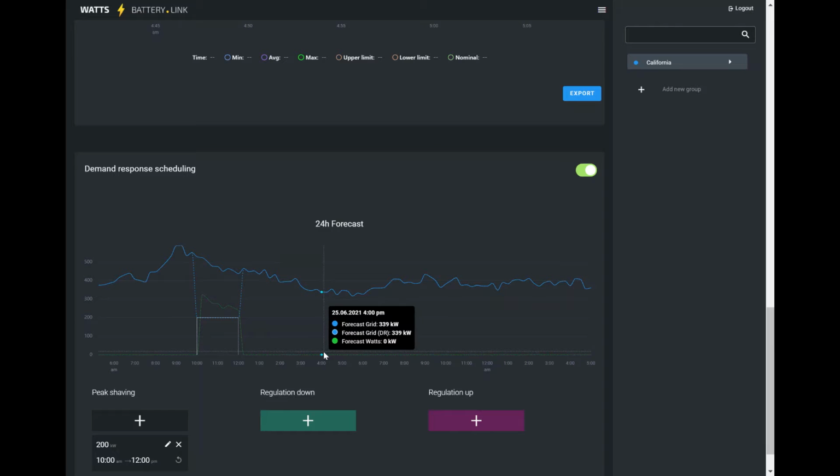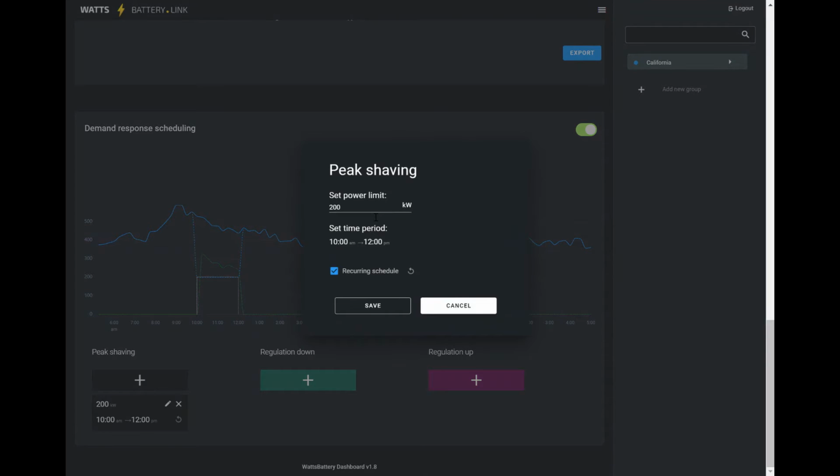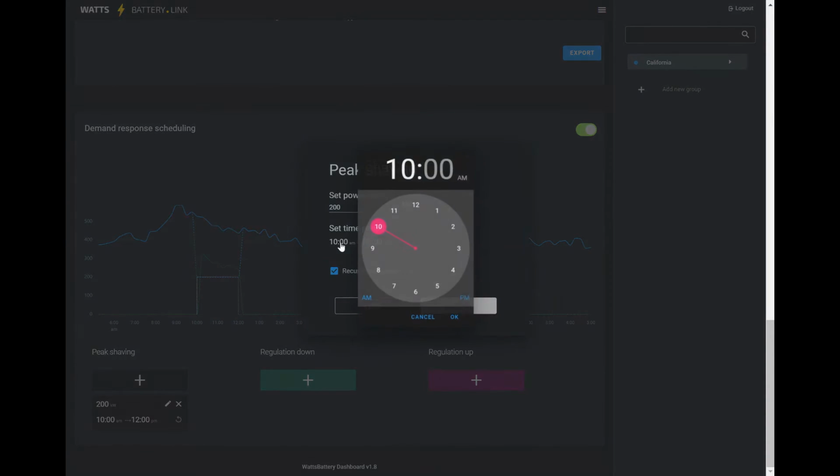However, because we want to see this action in real time, we're going to set up another schedule at the corresponding time to visualize the behavior. So we continue with 200 kilowatts, and now we know that it's almost 5:10 in the morning.